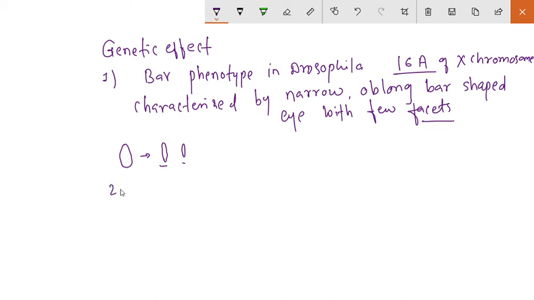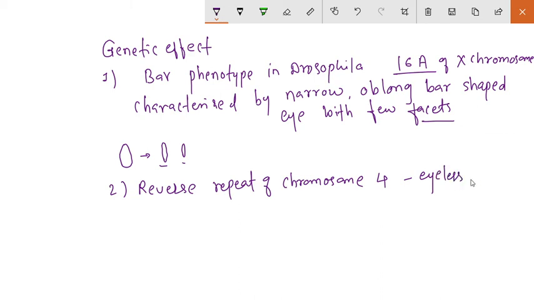Then the second genetic effect, the reverse repeat of the chromosome. That means the reverse duplication of the chromosome, reverse repeat of chromosome 4. क्रोमोझोम 4 नंबरच्या क्रोमोझोम मध्ये जर या ठिकाणी रिव्हर्स डुप्लिकेशन झालं तर it causes the eyeless dominance. त्या ठिकाणी त्याची आईस प्रोड्यूस होत नाही. कुणामध्ये, पर्टिक्युलरली इन द ड्रॉसोफिला.